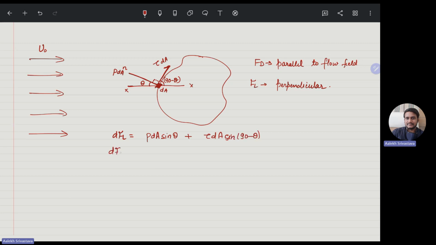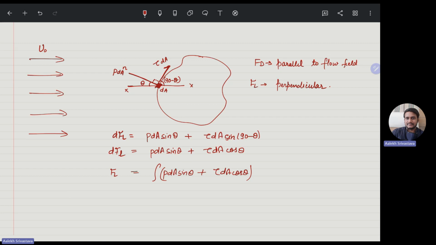Now if you rearrange, it will be P dA sin theta plus tau dA cos theta. And if you take the total summation along the whole surface, you will get the integral of P dA sin theta plus tau dA cos theta over the whole surface.